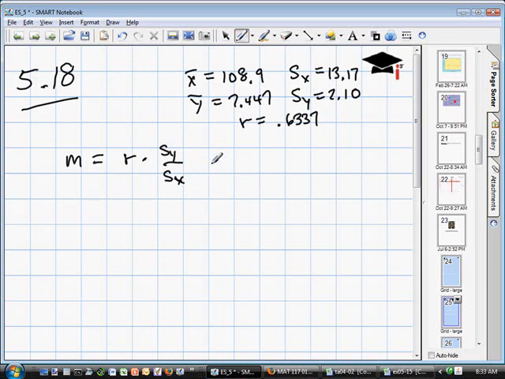So in this case, what does that mean? Take 0.6337, multiply it by 2.10 over 13.17. Okay, pull up the calculator and we'll do that.